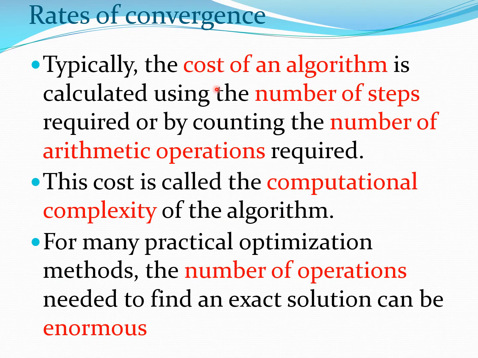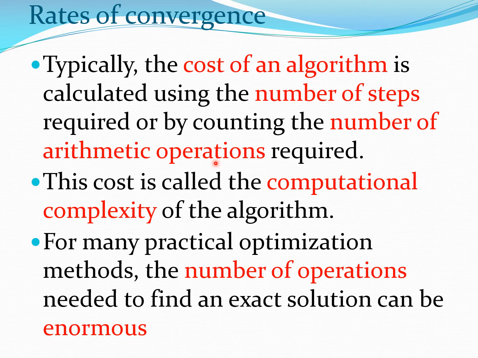Now typically the cost of a method depends on the number of steps required. That's one approach. Or you can count the number of operations required. These could be plus, minus, multiplication, division, and similar things which you do on the particular set of numbers which you are dealing with.